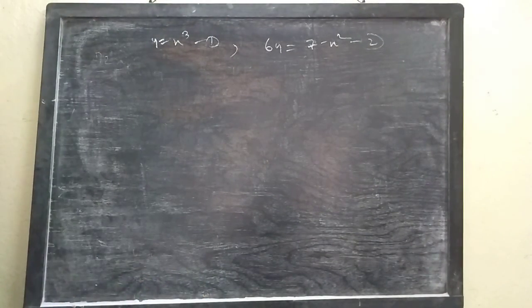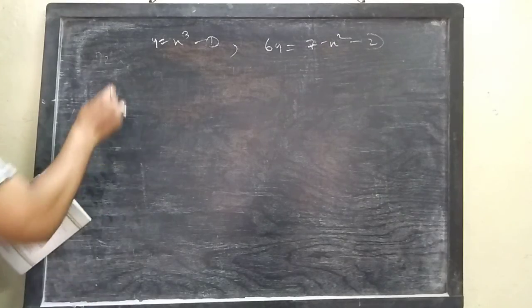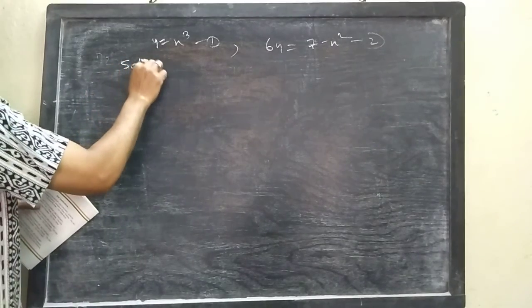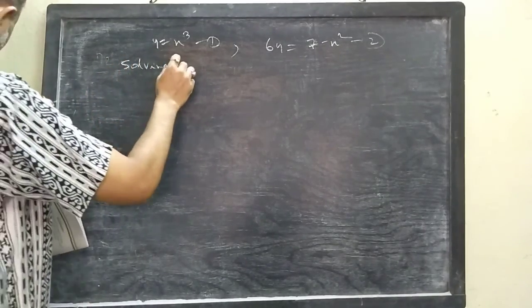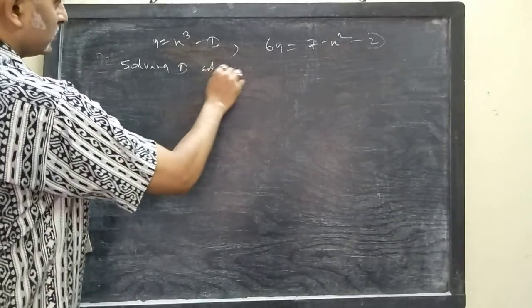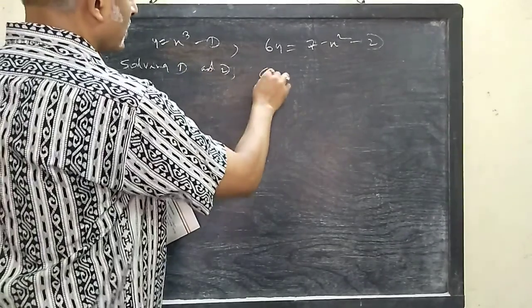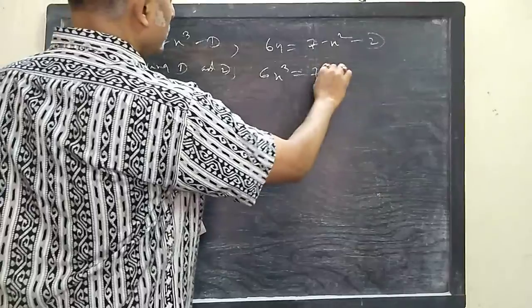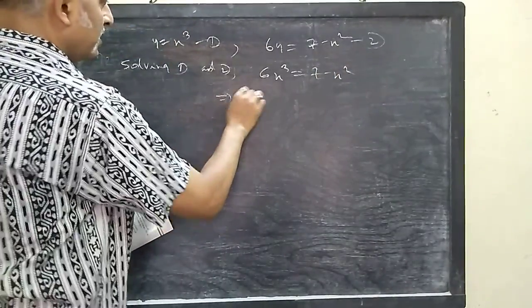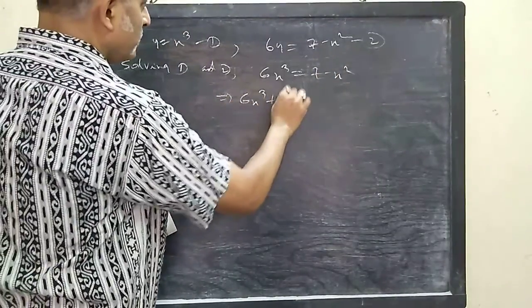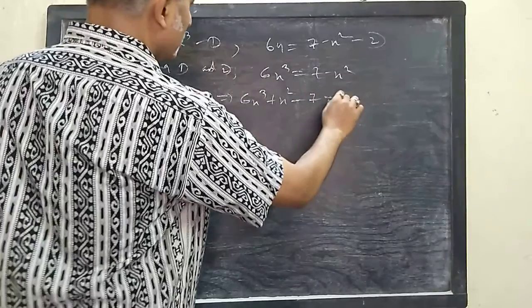So first find their point of intersection. Solving 1 and 2, we get 6x cube equals 7 minus x square. That is 6x cube plus x square minus 7 equals 0.